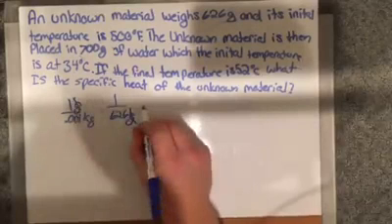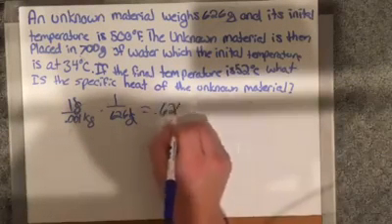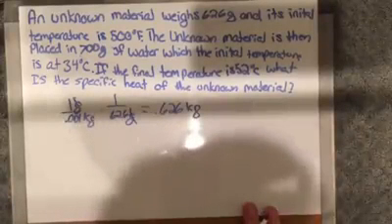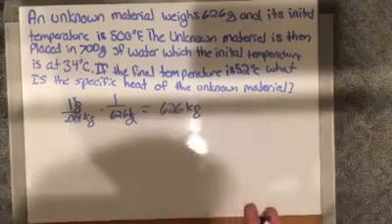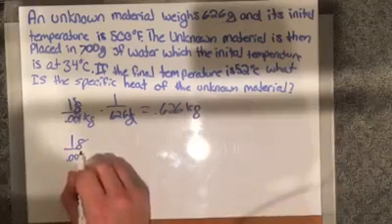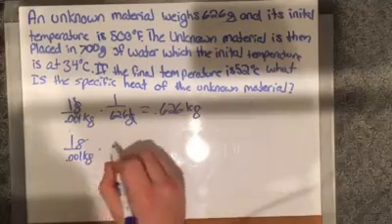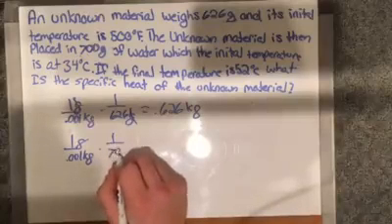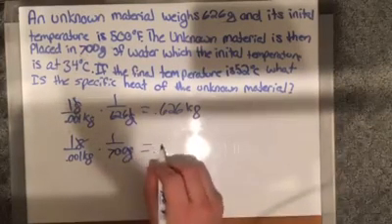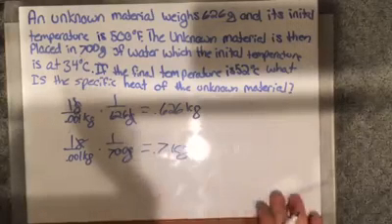Grams cancel out, and what we're left with is 0.626 kilograms. Then we're going to do our 700 grams. 1 gram, 0.001 kilogram times 1 over 700 grams. Again, grams cancel out, we're left with 0.7 kilograms.